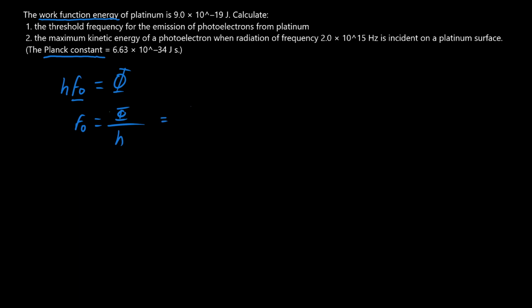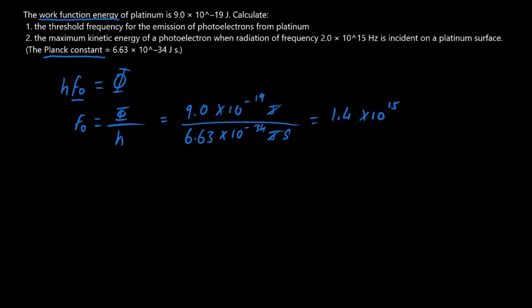That equals 9.0 times 10 to the minus 19 joules divided by 6.63 times 10 to the minus 34 joule seconds. And the joule units cancel out, leaving us with seconds to the minus 1, or 1 over seconds. And this comes to 1.4 times 10 to the 15 hertz.